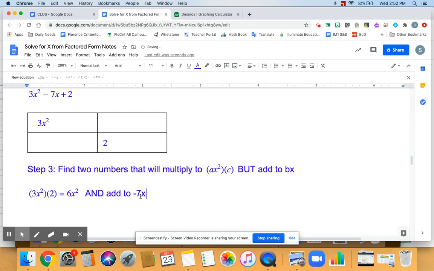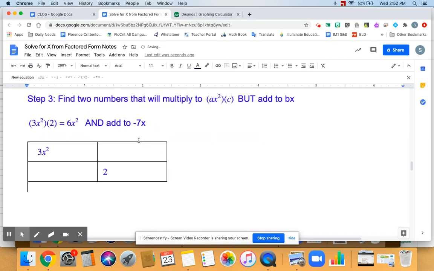So here's the thing about both of these boxes, these two missing boxes here. This one's going to be one of the two numbers, x. This one's going to be the other one of the two numbers, x. Because they're both x's, x times an x will end up going to x squared. When you add them, they will be x's.